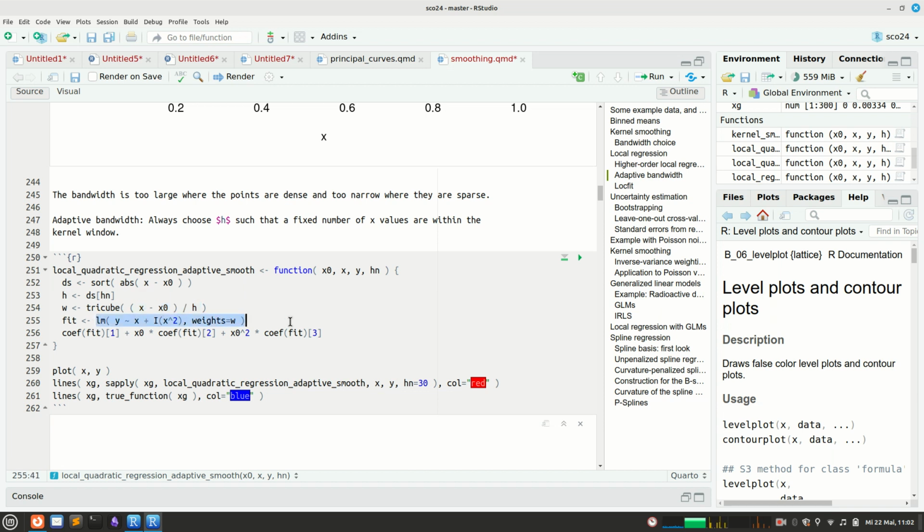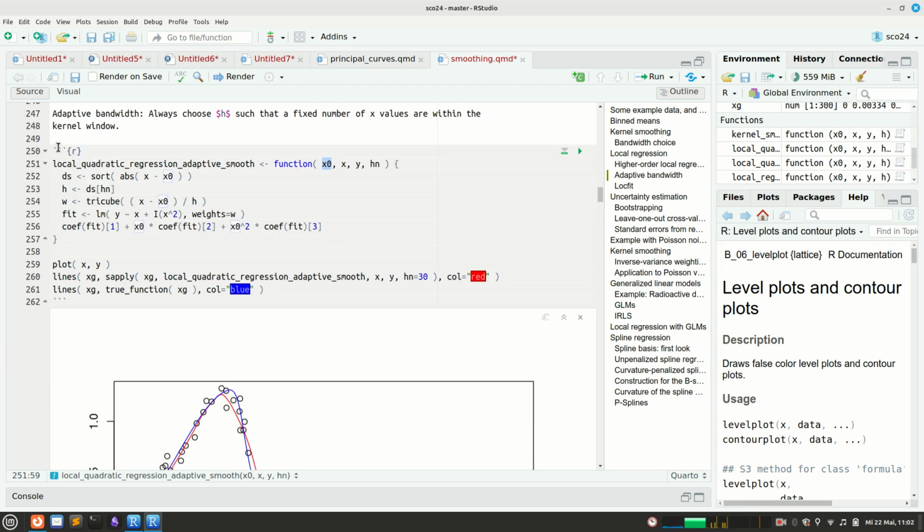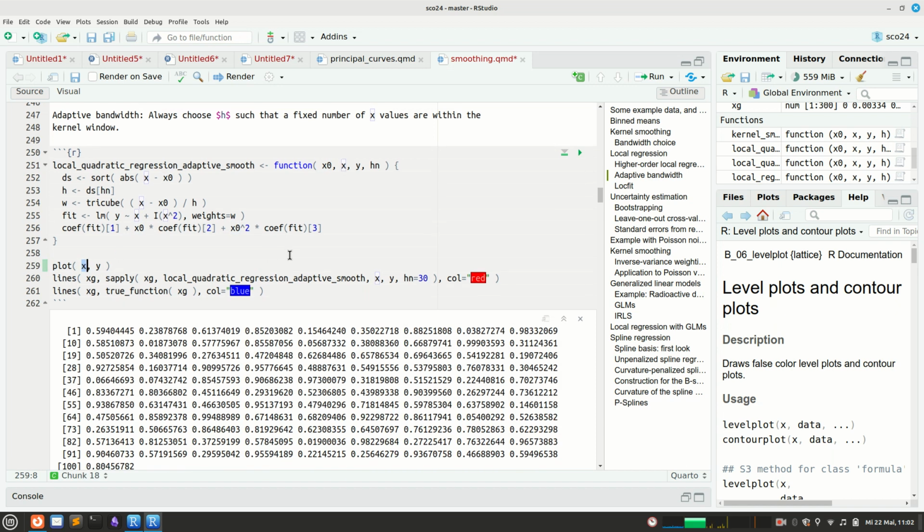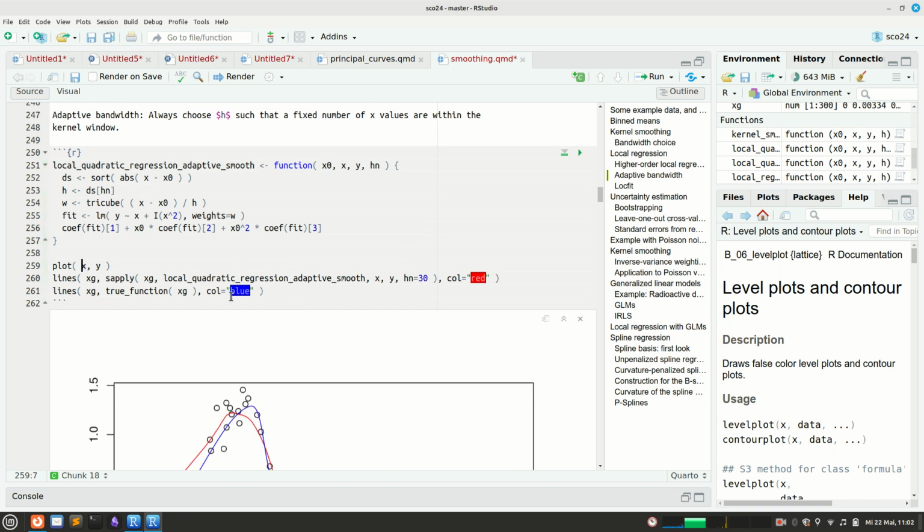Then we do the fit with the lm function, which solves this linear equation system, and we use the fit to reconstruct the value at x naught, and we call this function for each grid value. This works actually reasonably fast, but in the end, R is a bit slow when it's about doing loops like this. So it pays to have this implemented in C in case you need to fit many things.